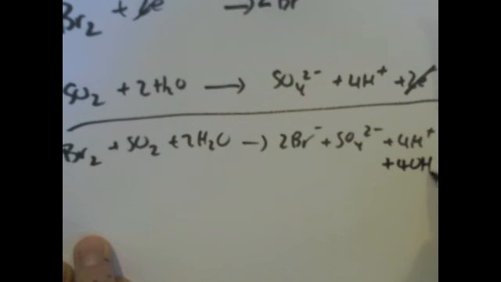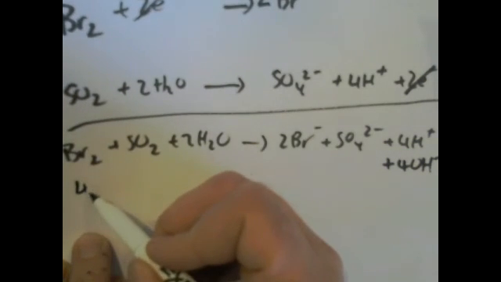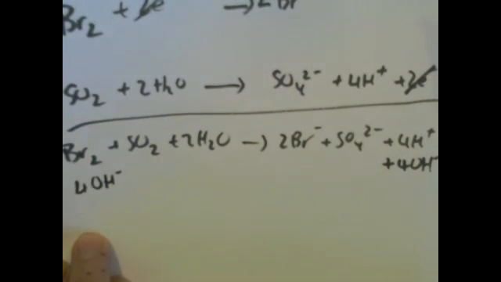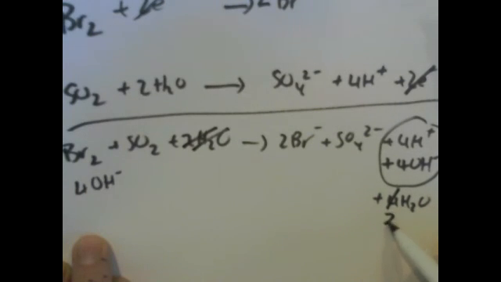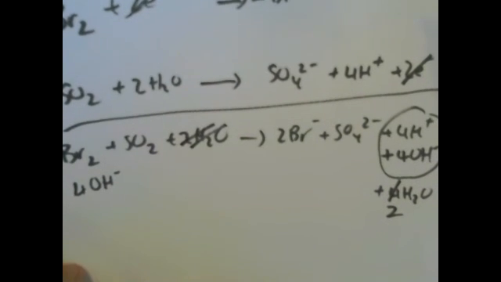So I'm going to put 4 OH minus there, but I'm also going to put 4 OH minus over here. Then I'm going to combine these to make 4 waters, and then I'm going to cancel waters where I can. So 2 waters are going to disappear, and then that's going to drop back to 2.